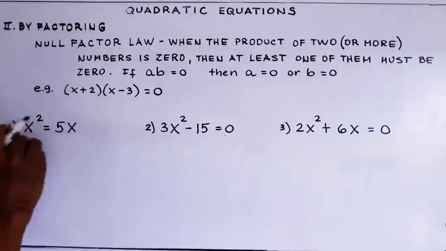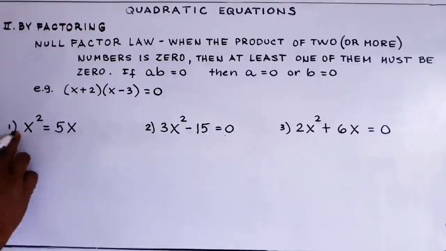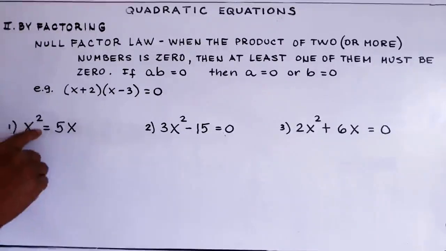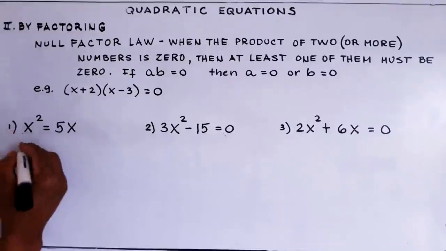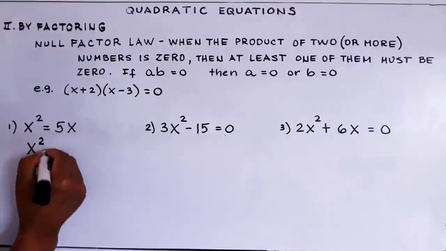So by following the method of factoring here, we combine them on the left. Why on the left? Because the x squared here is positive, so the 5x should be the one to be transposed to the left. So we have x squared minus 5x.